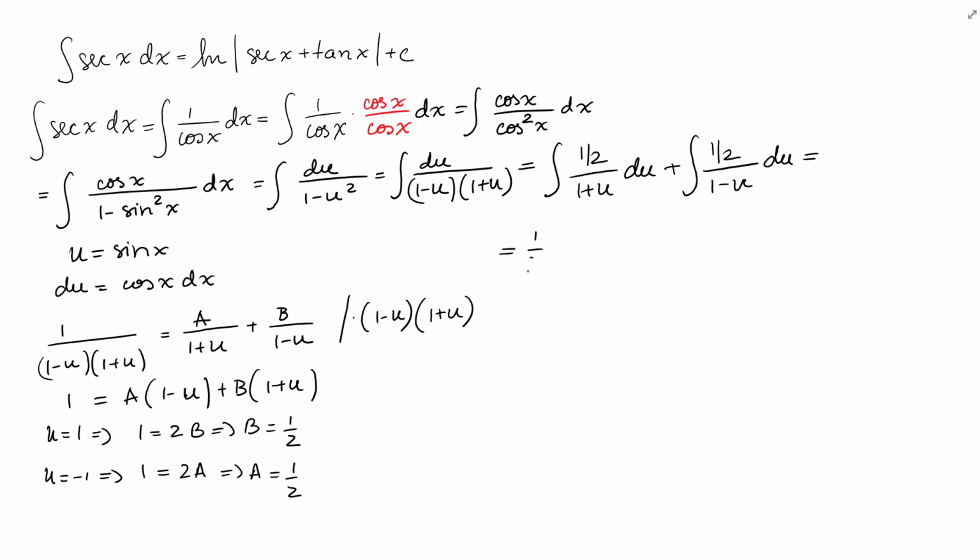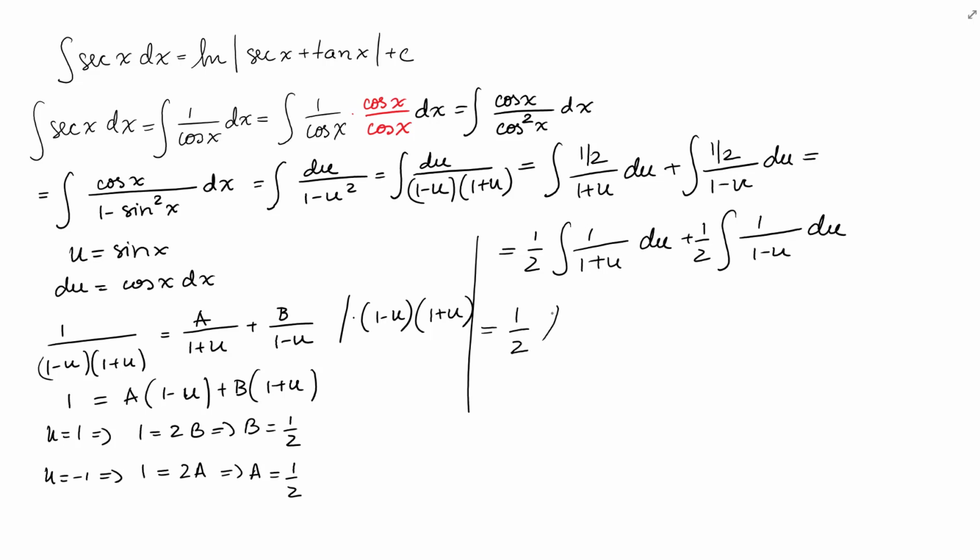The constant comes in front of the integral, and then we get 1 over 2 integral of 1 over 1 plus u du, plus 1 over 2 integral of 1 over 1 minus u du. The first integral is ln of absolute value of 1 plus u. And then the second integral, so I have 1 half, but because I have a negative in front of u, is going to be negative 1 half ln of absolute value of 1 minus u.